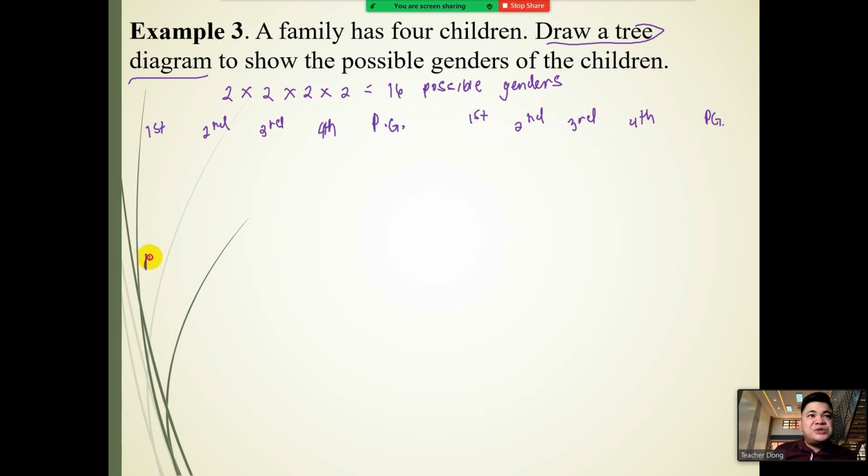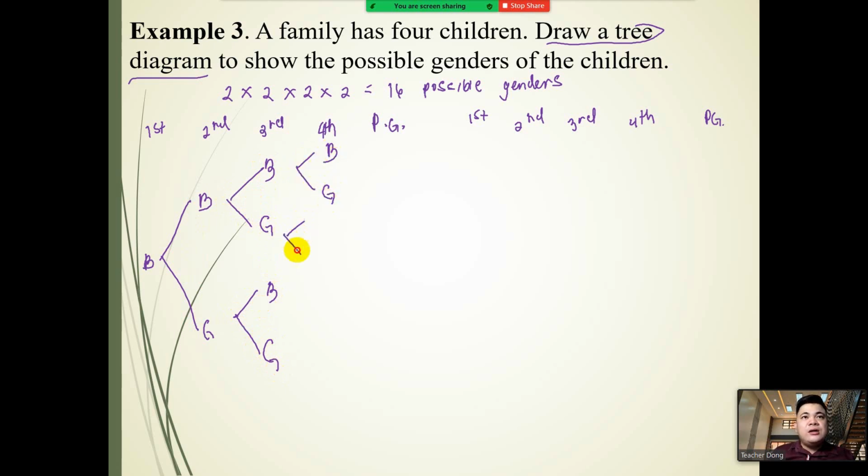For the first child, of course, we will start from the boy or girl if you want. And then for the boy, we are going to partner the 2 genders of the second. We have boy and girl. Then for the third, we have boy and girl, boy and girl. And then for the fourth, we are going to partner it also boy and girl, boy and girl. And then we have boy and girl. We also have boy and girl.